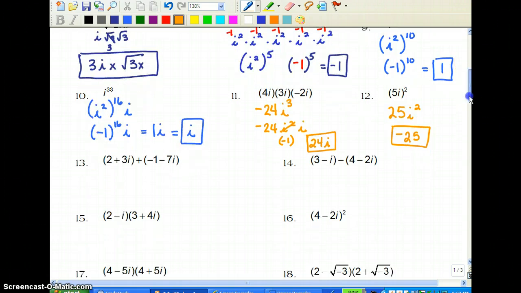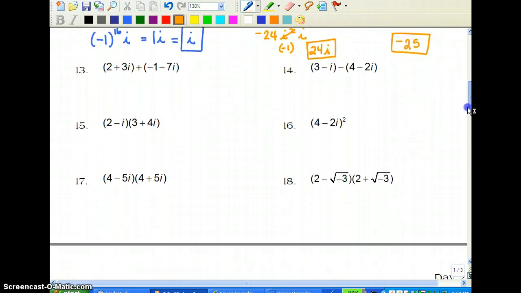All right, you also have to be able to add, subtract, and multiply with i. It's no different. It's just a letter. This is an addition problem, so we're going to add like terms. So 2 and negative 1 is 1, and positive 3i and negative 7i is negative 4i.